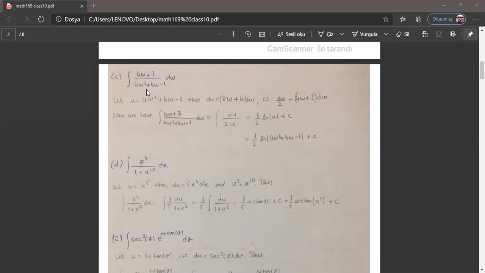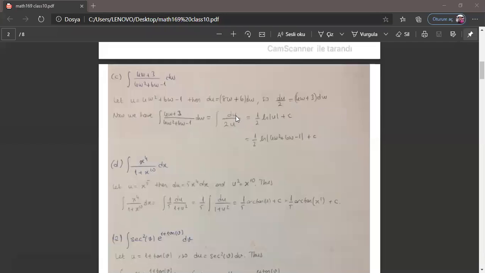Now for this, we substitute this equality, the denominator. When we differentiate we get this. But here inside we have 4w plus 3 dw. So if we divide it by 2, we get du over 2, which is exactly that numerator.